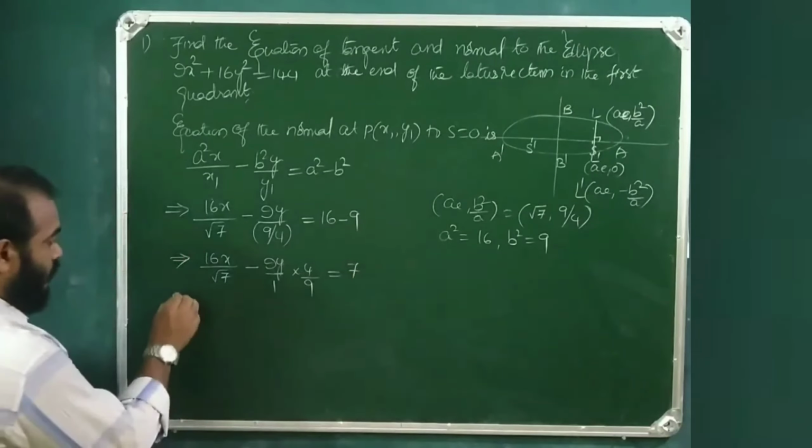Let us suppose that this is a tangent. What is a tangent? A line which touches this ellipse at a unique point.